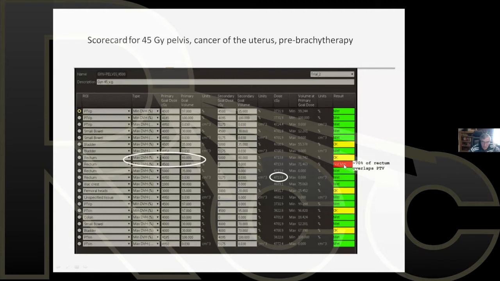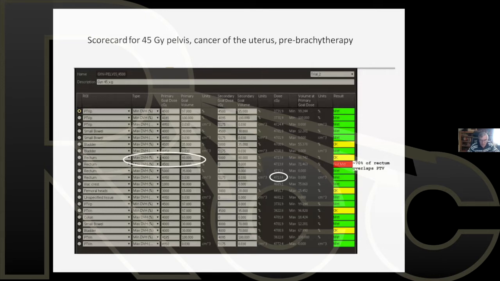But whenever there is a red entry, which means the constraint was not met, the planner has to put a note in, and the doctor approves this. 70% of the rectum overlapped the PTV. Now, the feeling is that it's still a low enough dose, and we'll try to do a lot of rectal sparing with the follow-up brachytherapy.